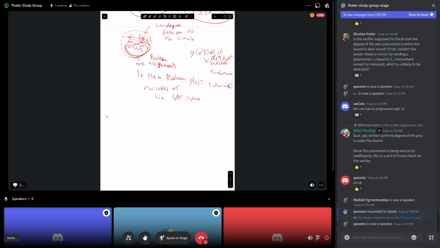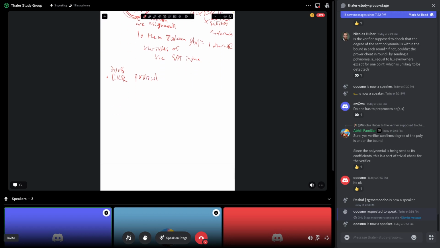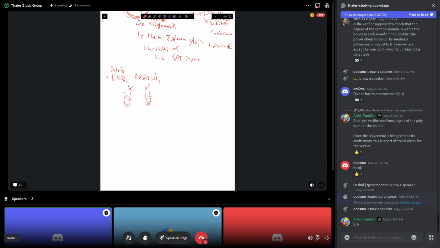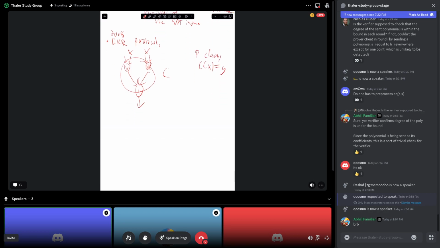And so the second application is from 2008, the GKR protocol. Now here it's something similar where there's a circuit or a formula, but there's a fixed assignment, so there's some fixed X. Let me call this a circuit C, and the prover claims C of X is something.